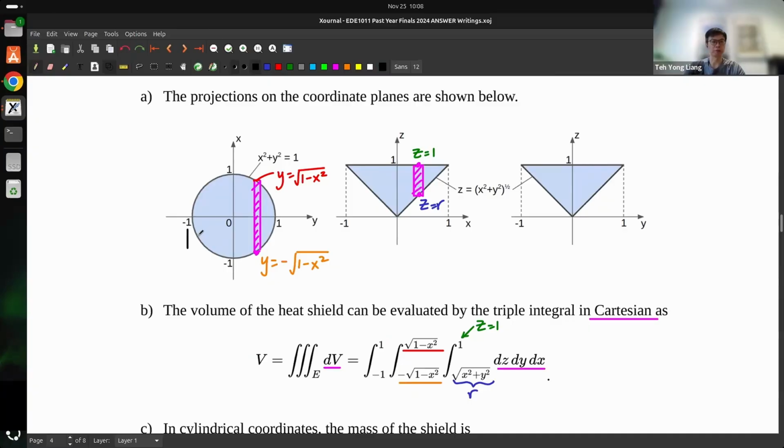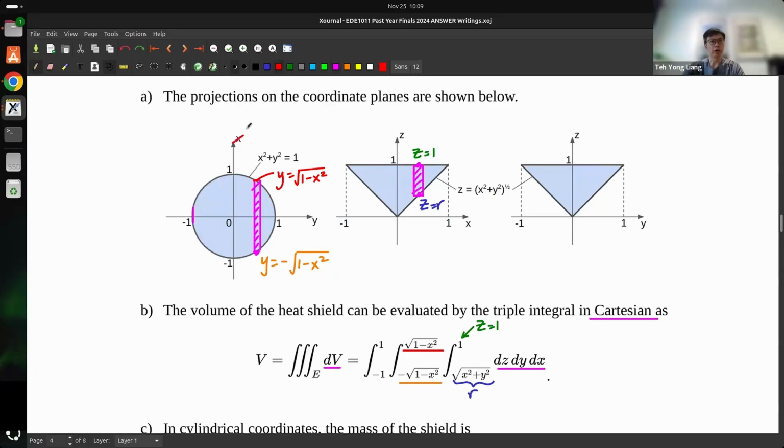Because you want to sum from the first element here to the last element here. That means you're summing up all the rectangles, all the slices. So therefore you sum in the x direction from minus 1 to 1. Oops, I just realized that I wrongly labeled this.